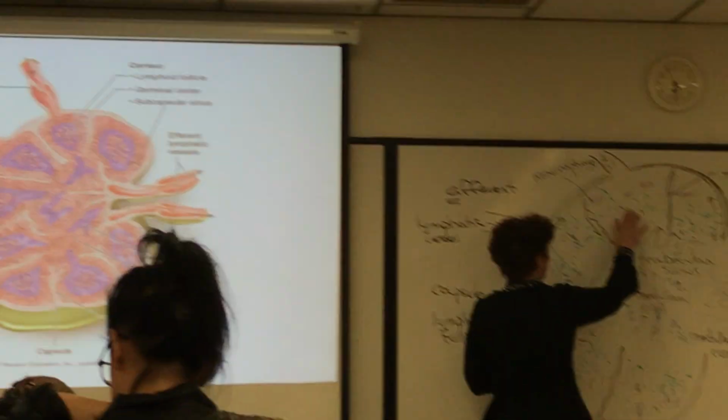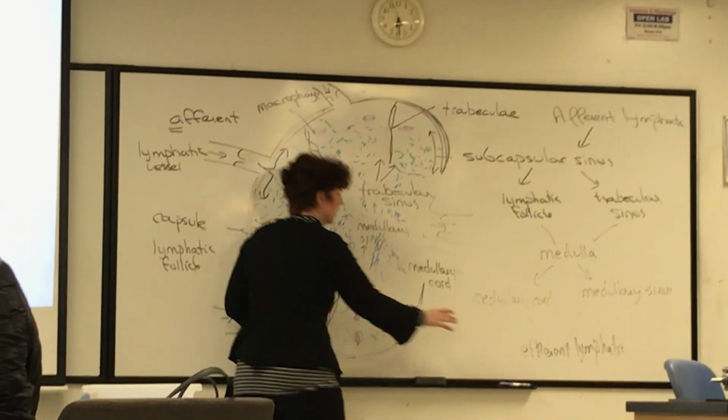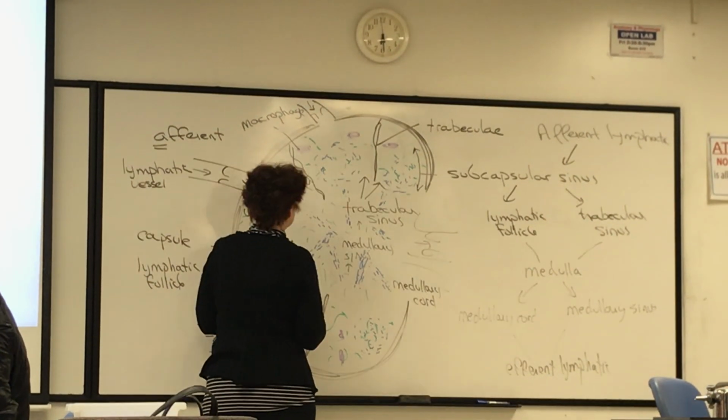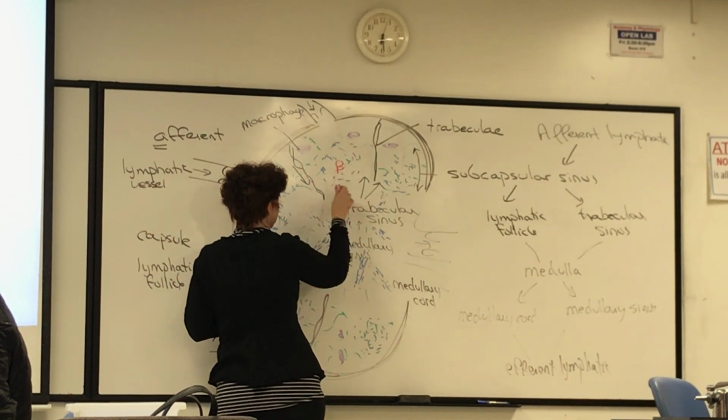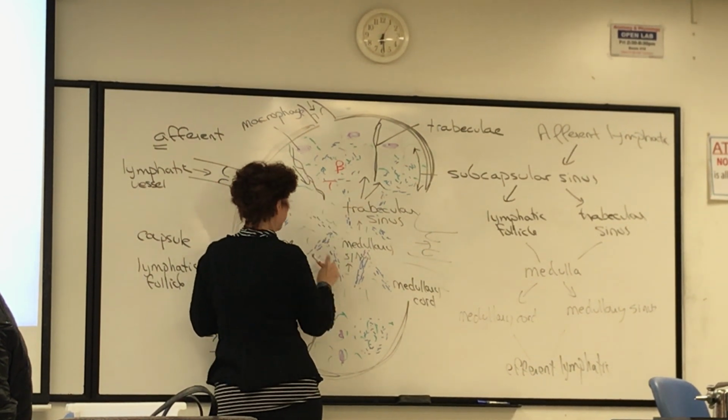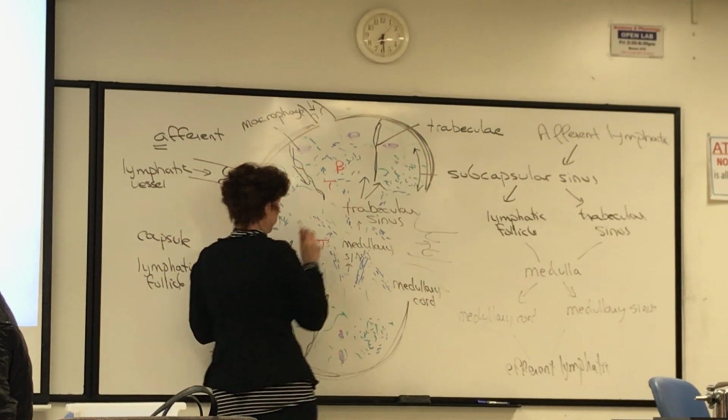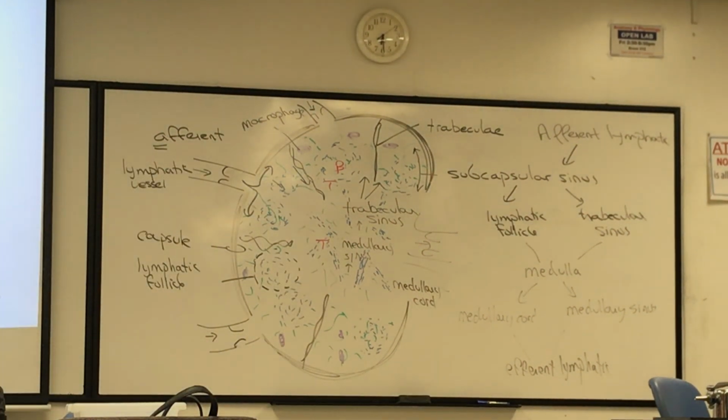All right? So in the middle of the follicle, we have B lymphocytes. Out in the periphery, we have T lymphocytes, and in the medullary cords, we have T lymphocytes.